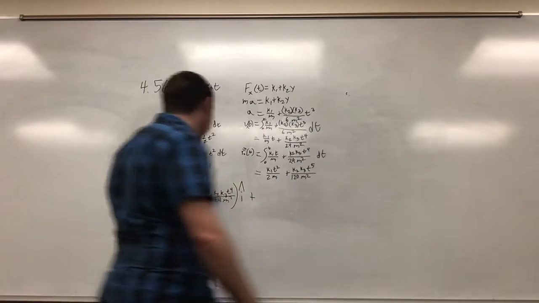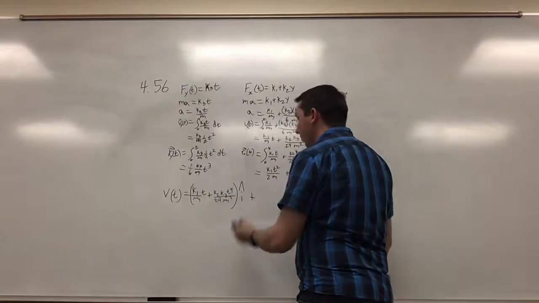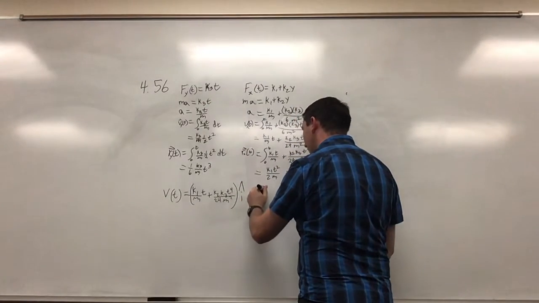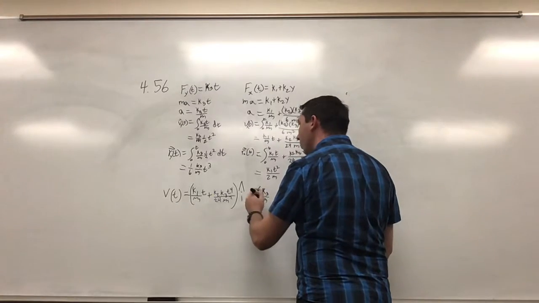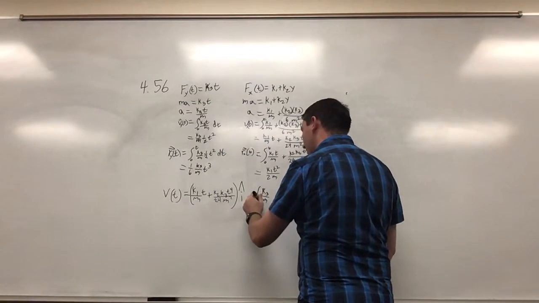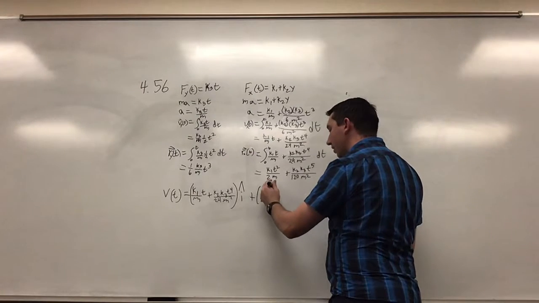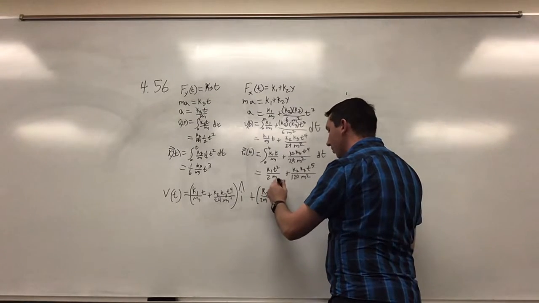We're going to add to it our y component, which is k3 divided by m times 1/2 t squared.